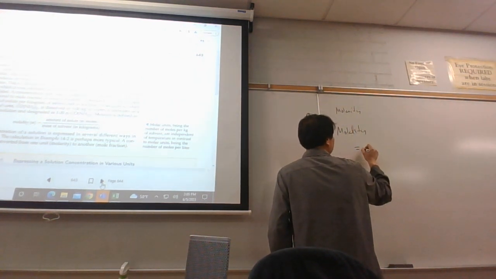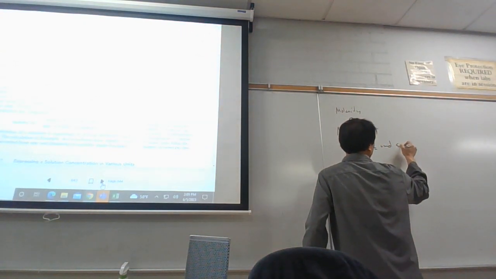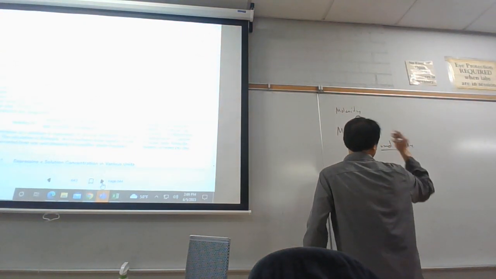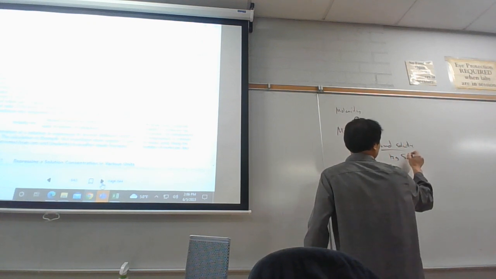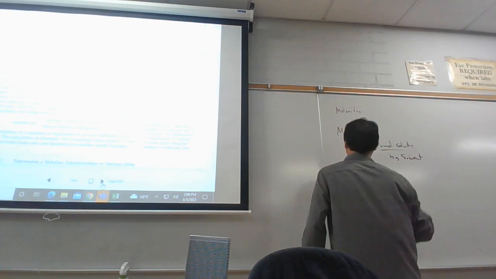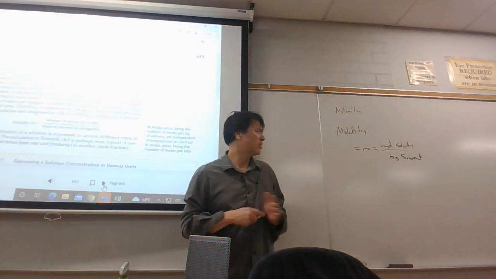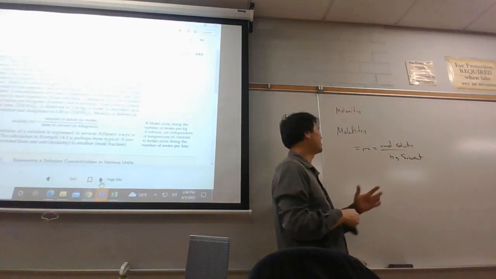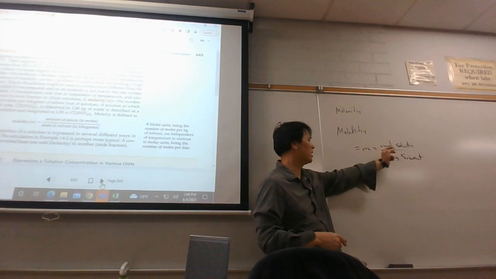Molality is defined as little m, which is the moles of solute over kilograms of solvent. Usually when we do this, we get the fraction in terms of the total, so it's component A over the total.